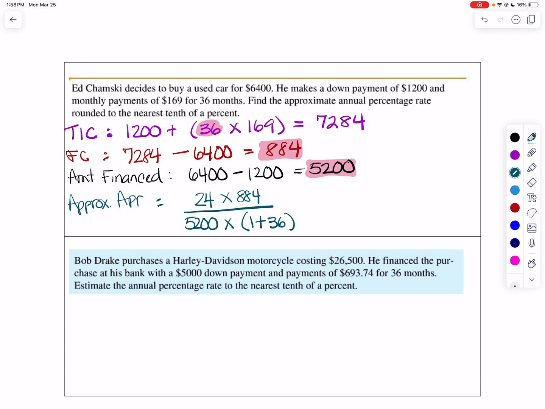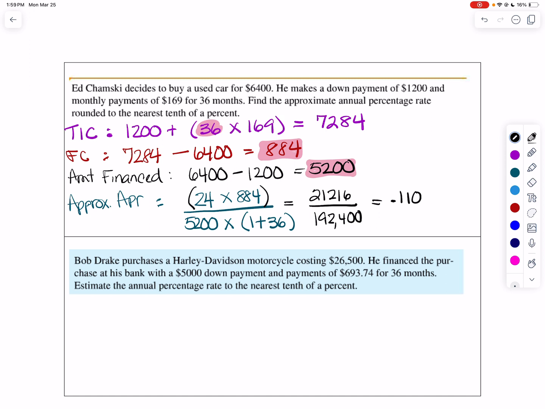So now be very careful when you enter this into your calculator. I would suggest you put parentheses around this before you do the division. And so when I do this, if I piece it out, I will get 21,216 on the top, and I will get 192,400 on the bottom. And then if I do the division, I'm going to get this.